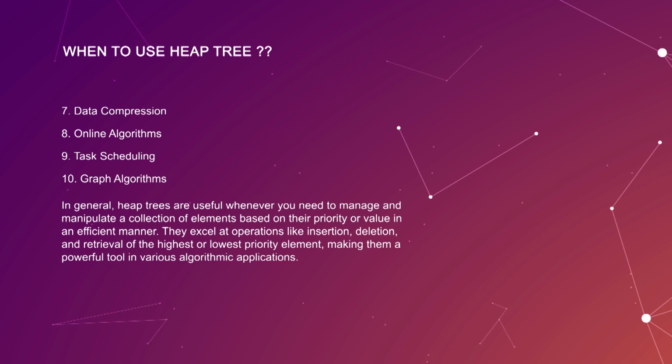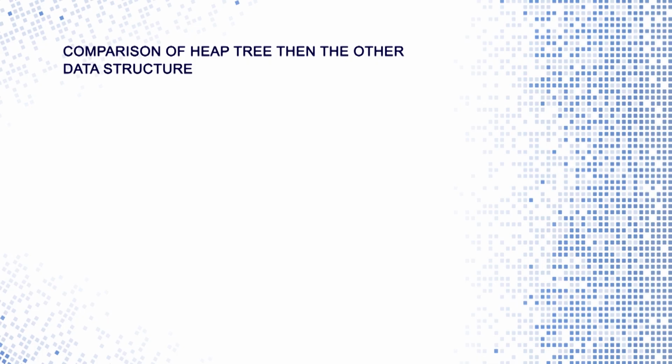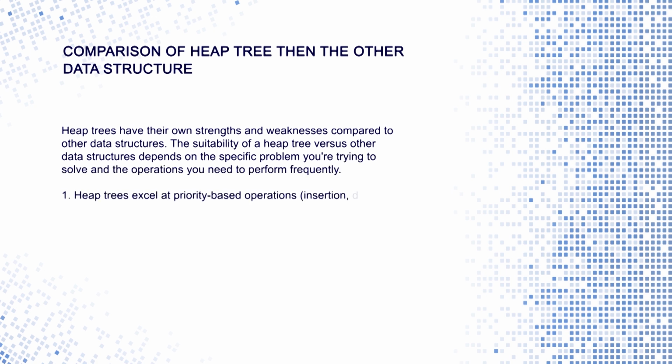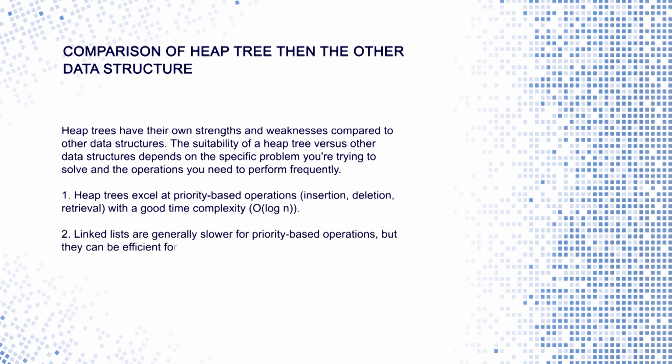Now, we can compare this heap tree with other data structures. Heap trees have their own strengths and weaknesses compared to other data structures. The suitability of heap tree versus other data structures depends upon the specific problem you are trying to solve and the operations you need to perform frequently. Heap trees excel at priority based operations like insertion, deletion and retrieval with a good time complexity of order log n.